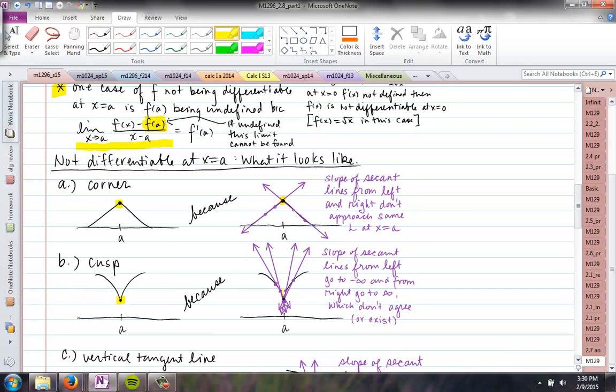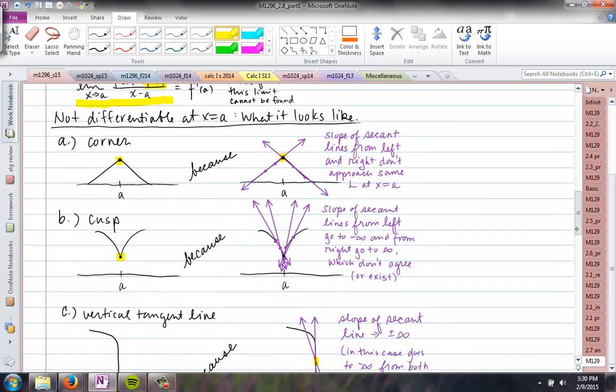So on the left, the slope of that secant line is going to negative infinity, and from the right hand side it's going to positive infinity. Both of those don't exist and they don't agree. So there's a couple of reasons why that limit as x goes to a of f of x minus f of a over x minus a does not exist, so therefore it's not differentiable at x equals a.